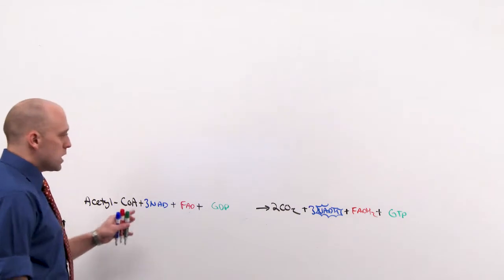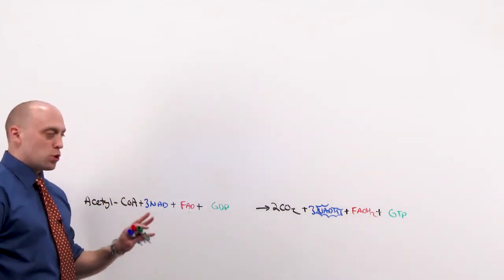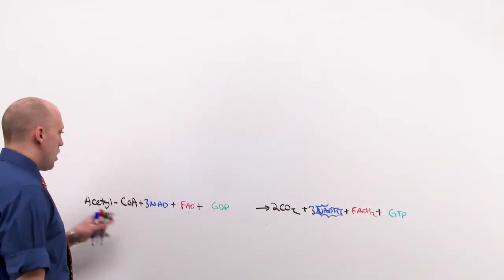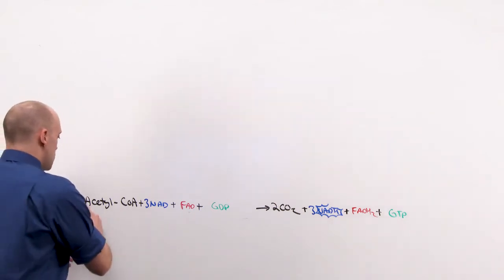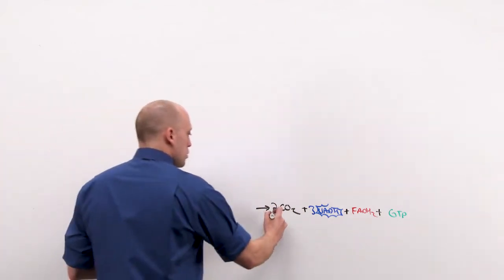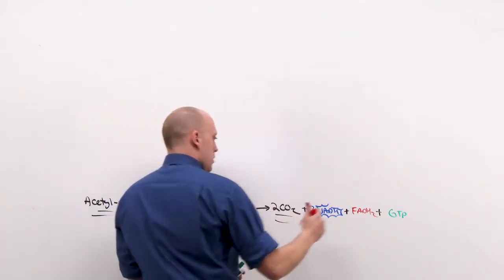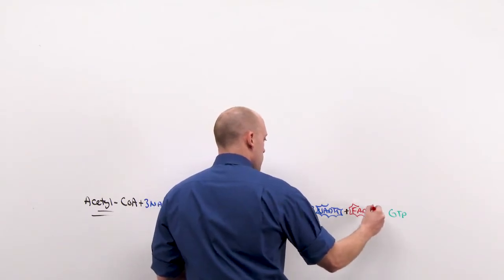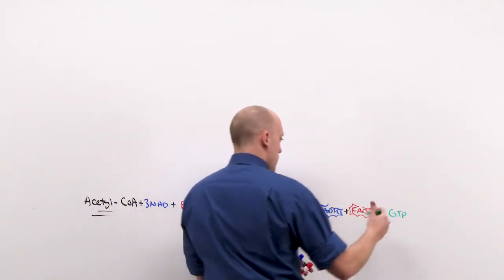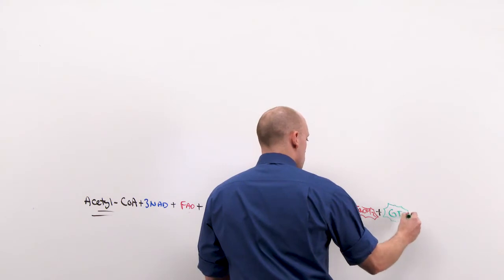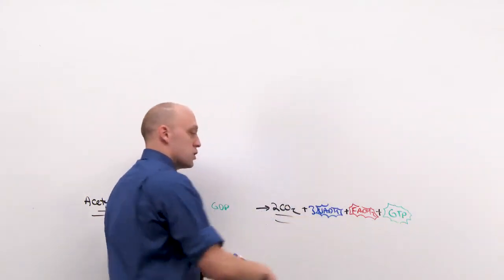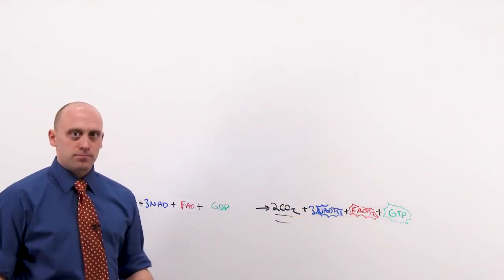But I want you to see that there is a complete and total absence of other substrates. Acetyl-CoA goes to carbon dioxide and generates high energy compounds that are either themselves already ATP or are substrates for the electron transport chain to generate ATP.